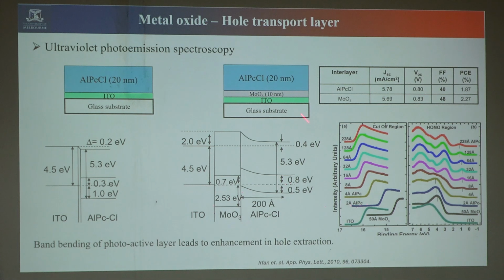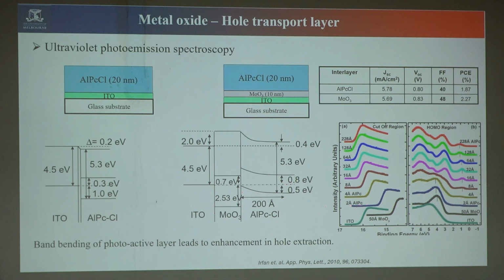That makes charge extraction easier for the hole transport layer. There is also a difference in the HOMO level. By seeing the work function shift, you can see the energy level changing just by putting the moly oxide. The moly oxide is only 50 angstrom, which is 5 nanometers, and that is good enough to make efficient charge extraction.